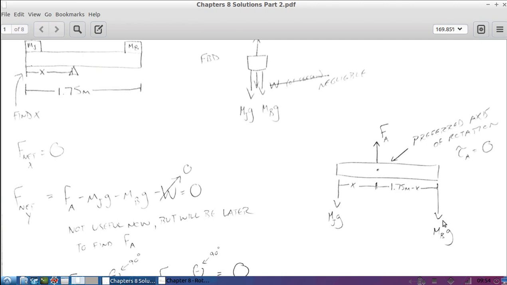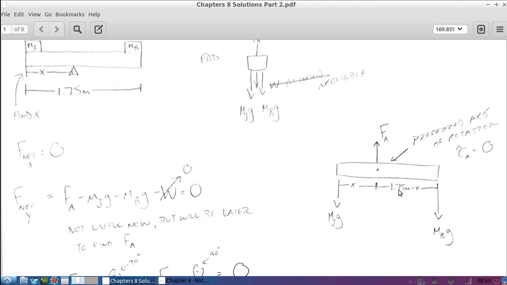The distance between the end of the seesaw where Bob is and where we want to put that fulcrum is 1.75 meters minus x, so it's the length of the entire seesaw minus x.